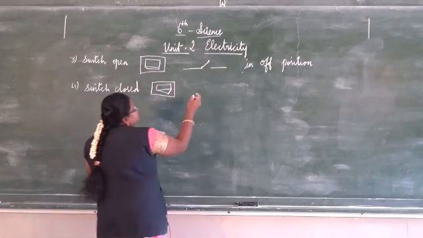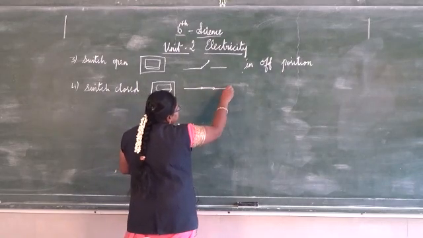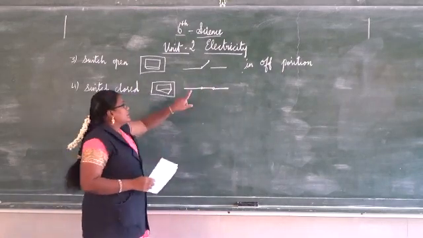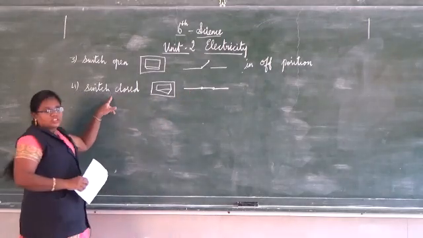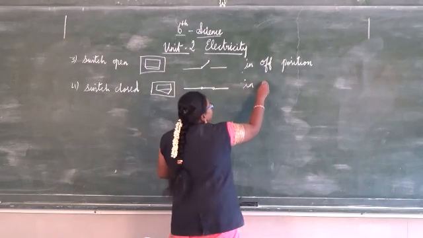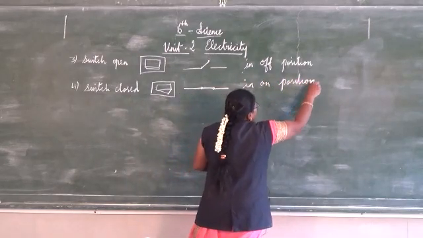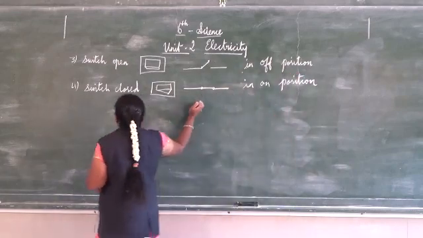That means it is the on position. That time it will touch like this. It means the circuit is closed, the switch is on. Okay, in the on position. Okay children, this is the on position.